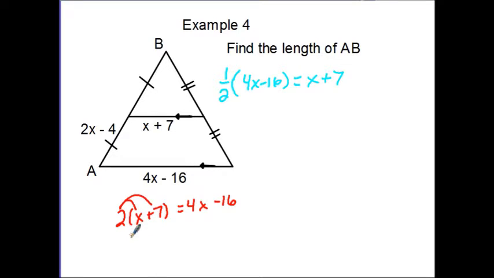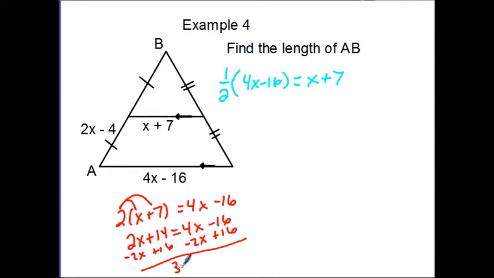Multiply both pieces through by 2, and I get 2x plus 14 equals 4x minus 16, and start solving. I'm going to subtract my 2x from both sides and add my 16 to both sides. That leaves me with 30 equals 2x, so x is equal to 15.